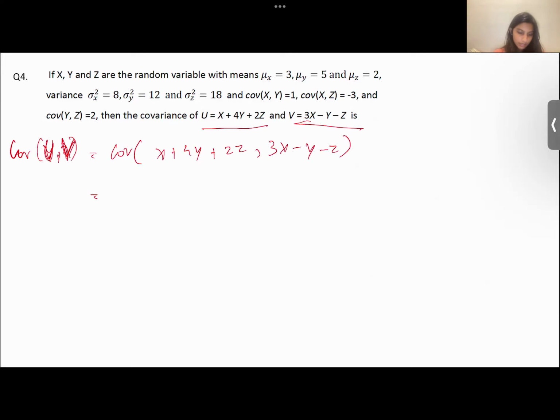So how can you write this? You construct pairwise terms, not multiplication, just pairwise terms. The covariance of the first term of this and the first term of this, plus the covariance of the first term of this, comma the second term of this, plus the covariance of the first term, comma the third term. Similarly, you do it for everything.